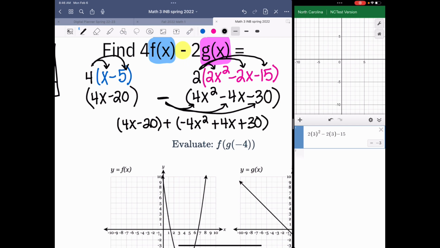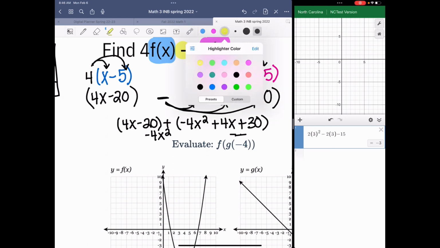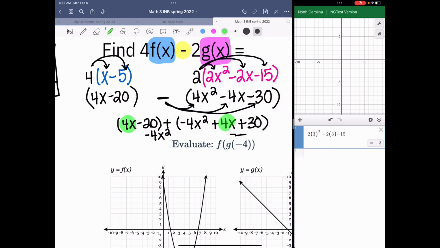And then just combine like terms. So if I combine like terms, that's going to give me negative 4x squared. Then I have some like terms. I have 4x and 4x, so that's going to give me 8x.